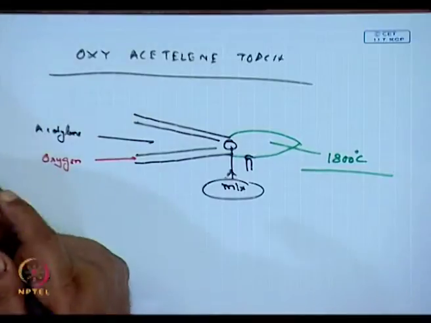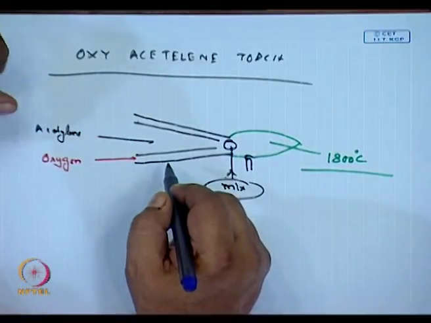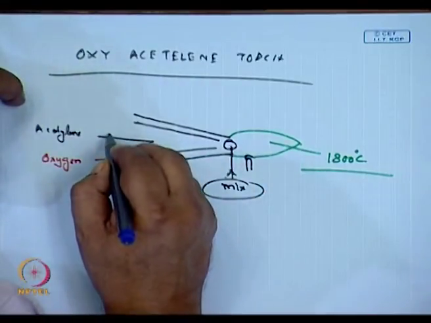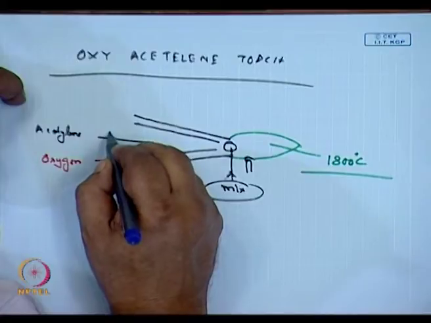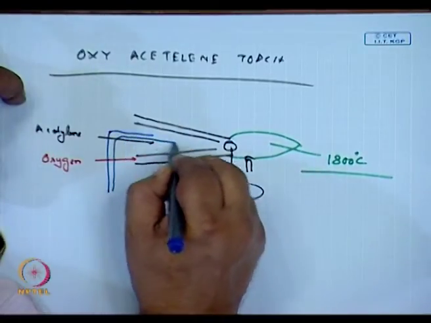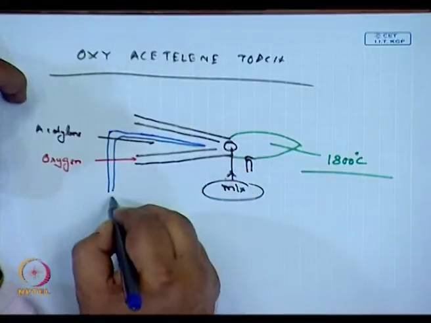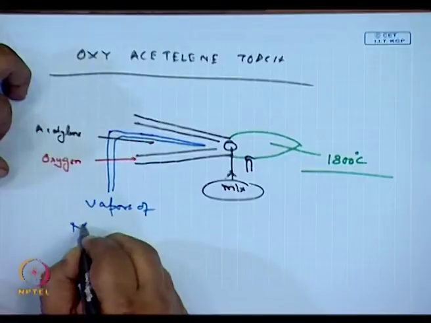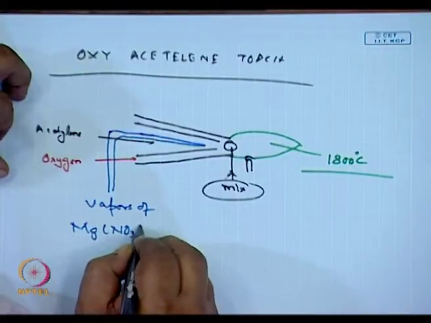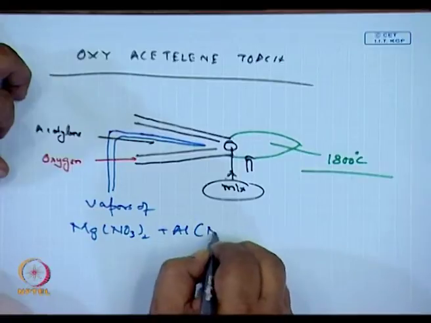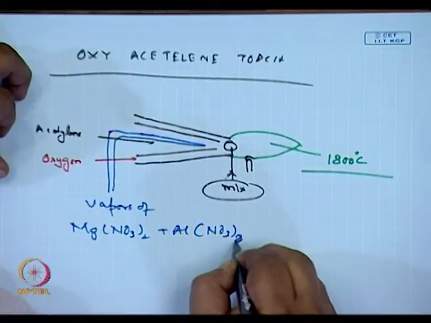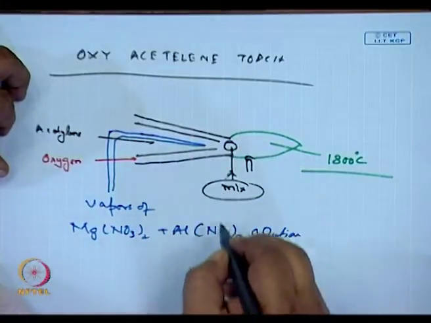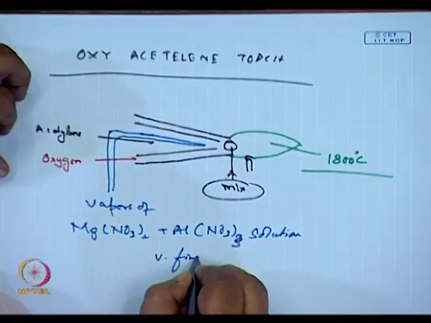Now, what is done in spray pyrolysis is we can take the same oxyacetylene torch and feed in vapors of magnesium nitrate plus aluminum nitrate solution, in the form of very fine spray.